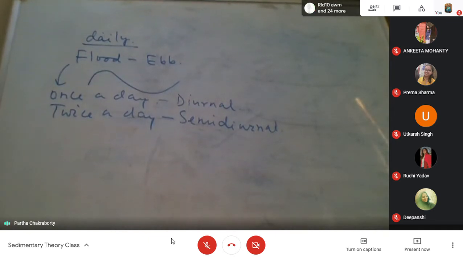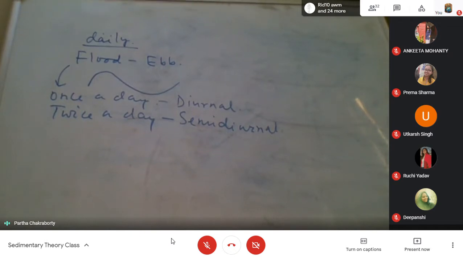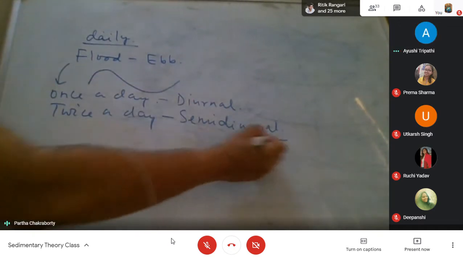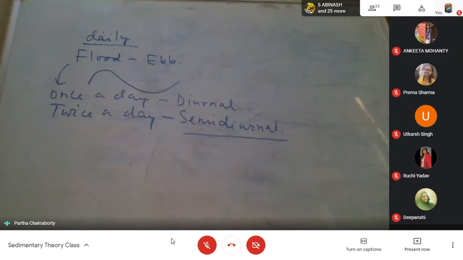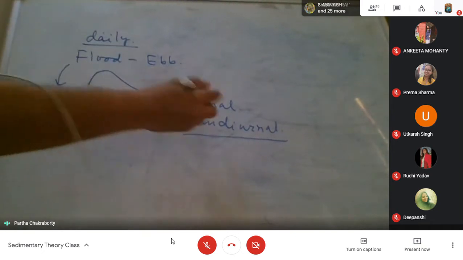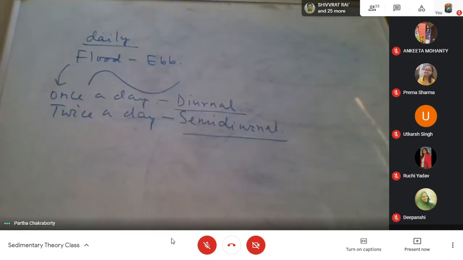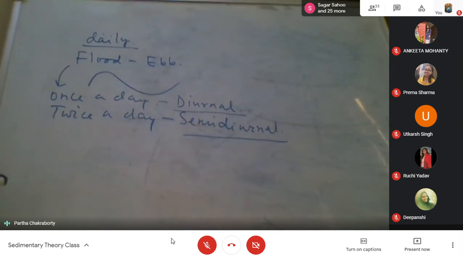And it is observed, the nearer the coastline is to the equator, the more semi-diurnal tendency you get. As your coastline goes away from the equator, the tendency is more towards the diurnal type. Most of the coastlines near the equator are semi-diurnal in nature.